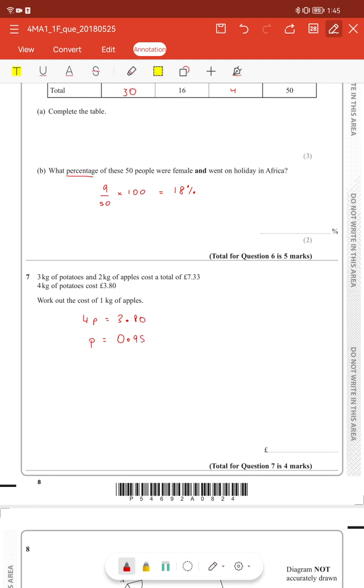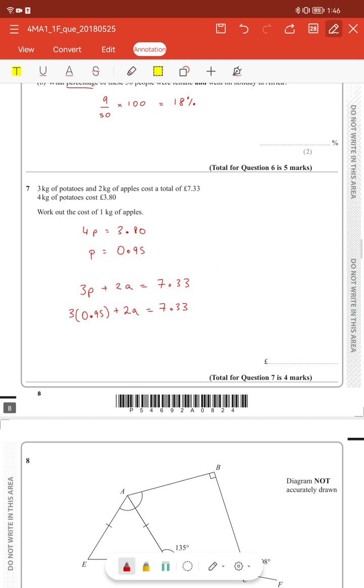0.95. So then if we have 3 potatoes plus 2 apples, that equals £7.33. So we can just sub in our value that we found for the potatoes, and we get £2.85 plus 2 apples, 7.33.